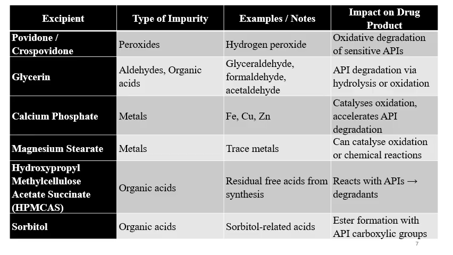Calcium phosphate contains metals, Fe, Cu, Zn, which catalyze oxidation and accelerate API degradation. Magnesium stearate contains trace metals, which can catalyze oxidation or chemical reactions. HPMC AS, hydroxypropyl methyl cellulose acetate succinate, contains organic acids: residual free acids from the synthesis react with APIs and lead to degradation.